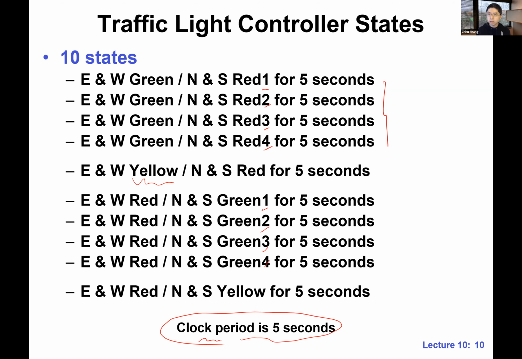Okay, Gavin's asking why not green 1, 2, 3 for east and west in the first 4 cycles? What do you mean by green 1, 2, 3, Gavin? Can you clarify your question?